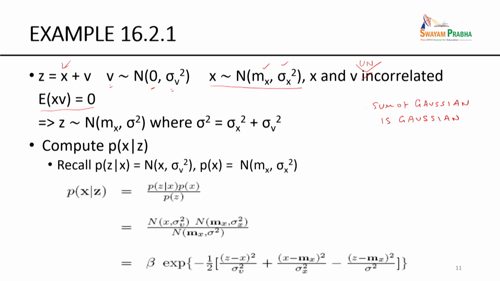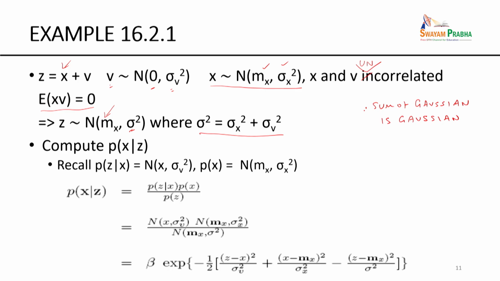And if the two random variables which are being added are uncorrelated, the mean of the sum is the sum of the means. The mean of V is 0, the mean of X is Mx, so the total mean of Z is Mx. The variance of the sum is the sum of the variances if V and X are uncorrelated. So I'm using again some of the standard rules from probability theory.